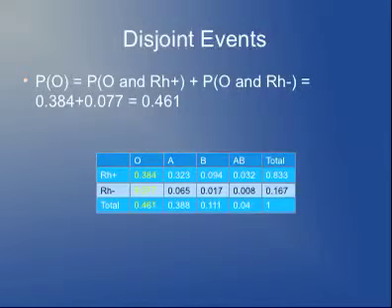Basically, the probability of type O blood is equal to the probability of O positive or O negative. And since those are disjoint events, that's equal to the probability of O positive plus the probability of O negative. So 0.384 plus 0.077 equals 0.461, consistent with what we see in the table.